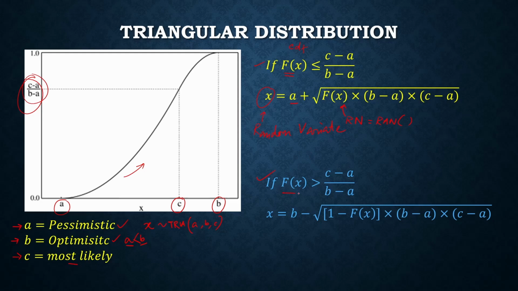And if Fx is not less than or equal to C minus A by B minus A, that means greater than that, then your x takes this value.